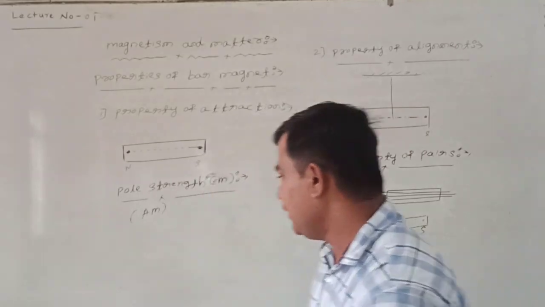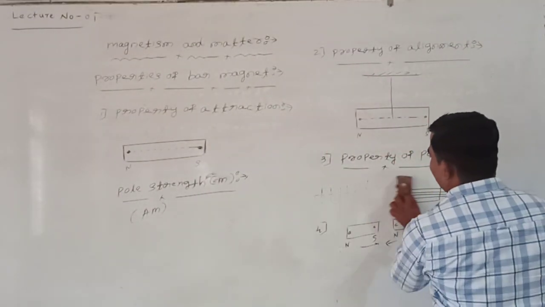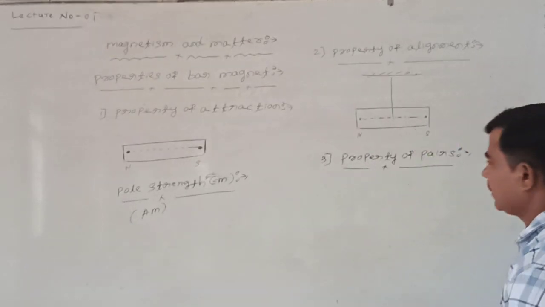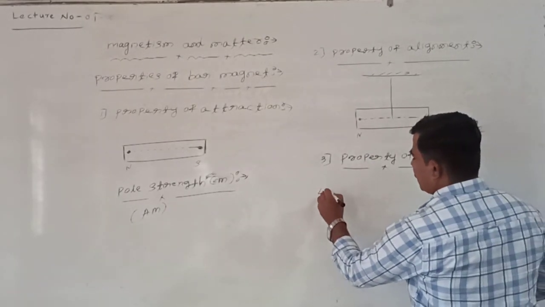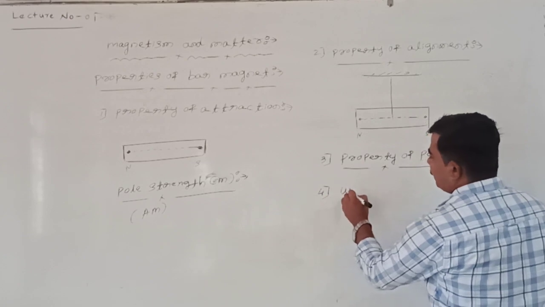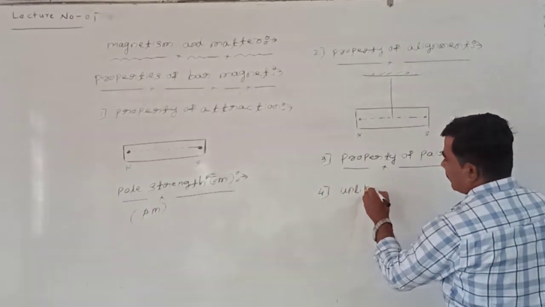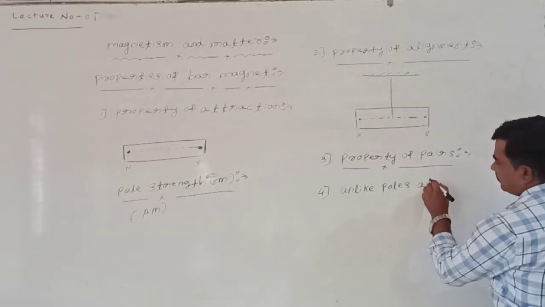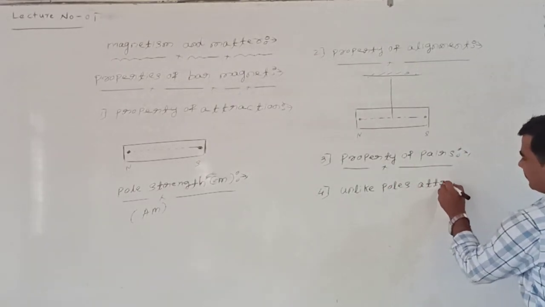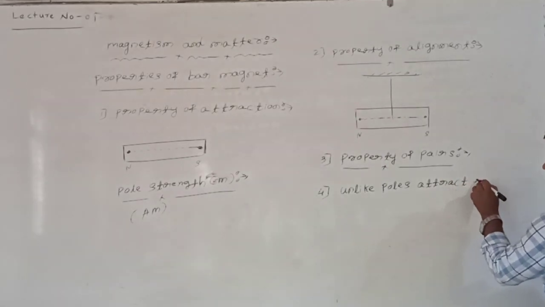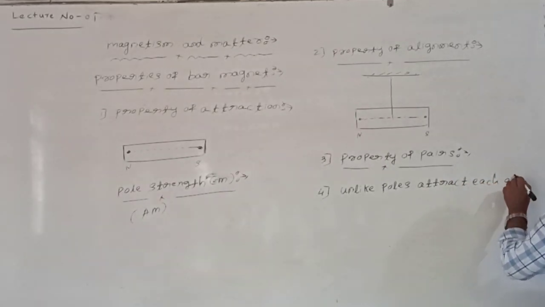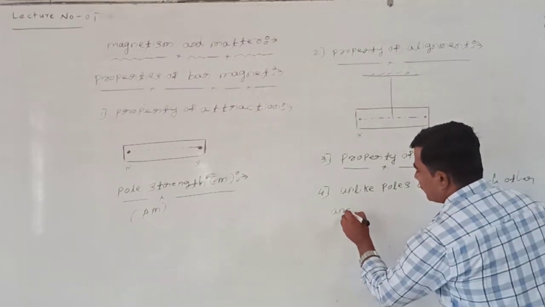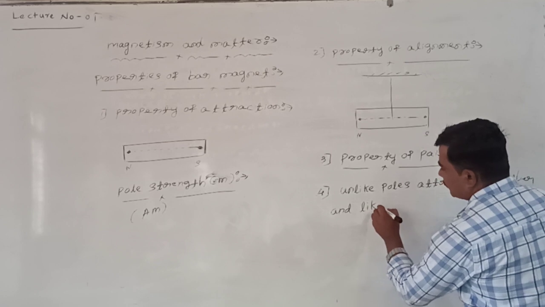Fourth property, what can you say? Simply, I can call the fourth property: unlike poles attract each other, and like poles repel each other.